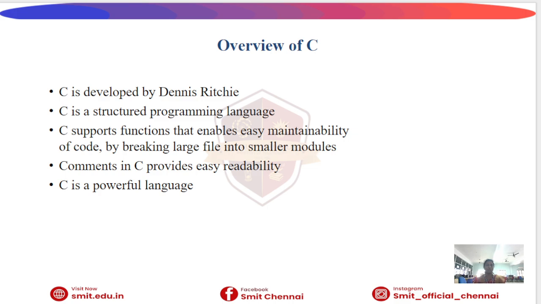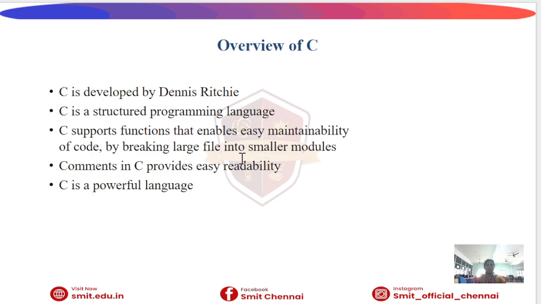Now let us see an overview of the C programming language. C was developed by Dennis Ritchie and it is a structured programming language, which means programs are divided into blocks and functions. One of the major advantages of C is that it supports functions. Functions help us break a large program into smaller modules, which makes the code easy to understand, easy to debug, and easy to maintain.